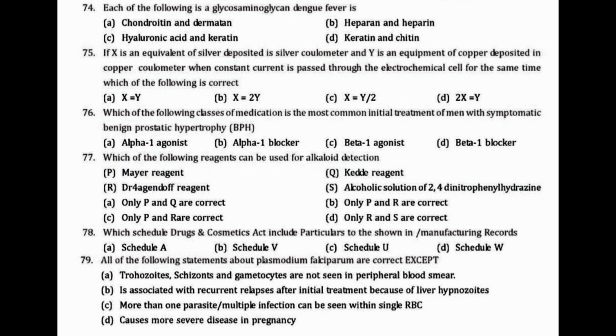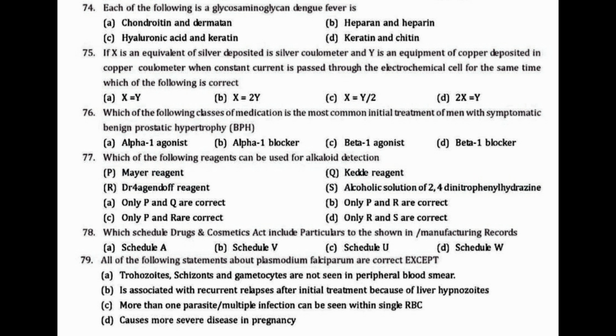Then dermatan sulfate and chondroitin sulfate, then keratan sulfate and hyaluronic acid, all are mucopolysaccharides. Among them, non-sulfated is hyaluronic acid, and the others are sulfated. So the 74th question answer is B, heparin and heparan.